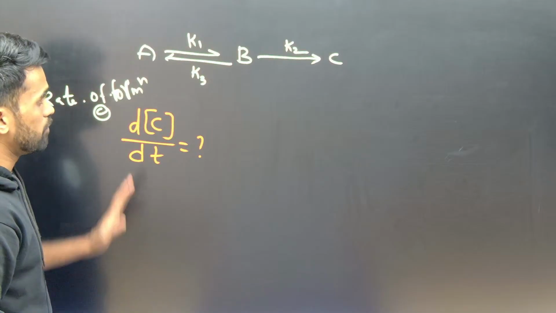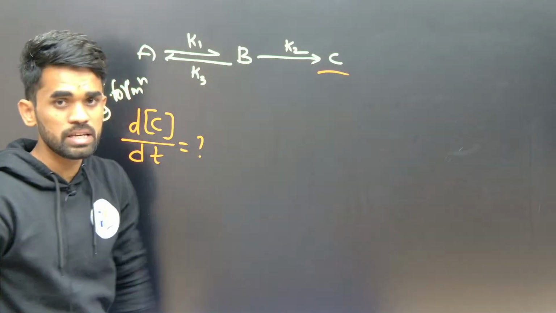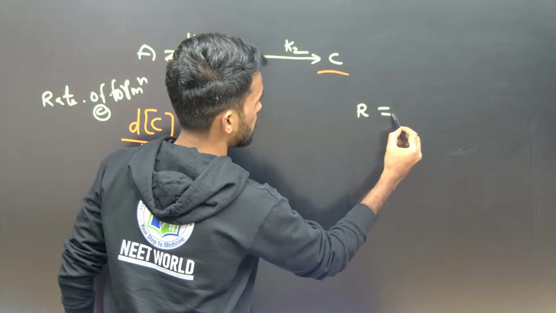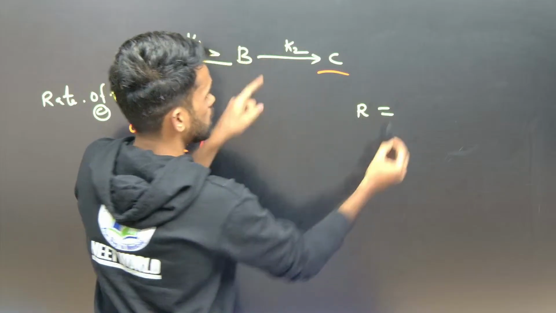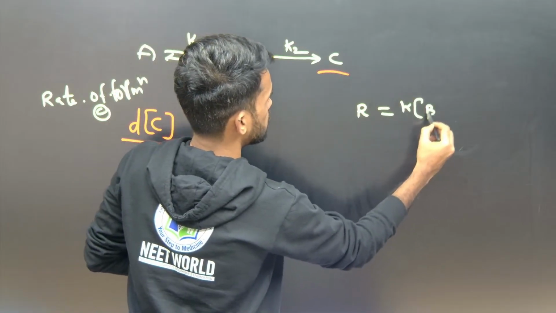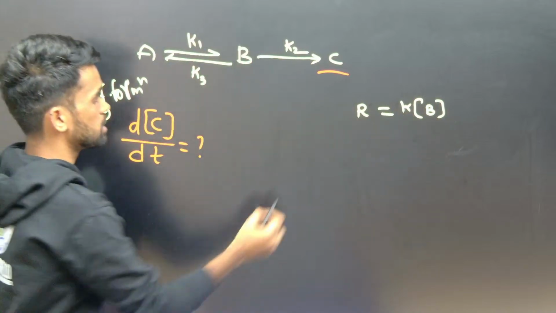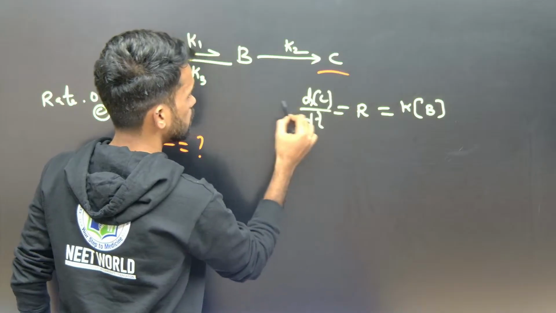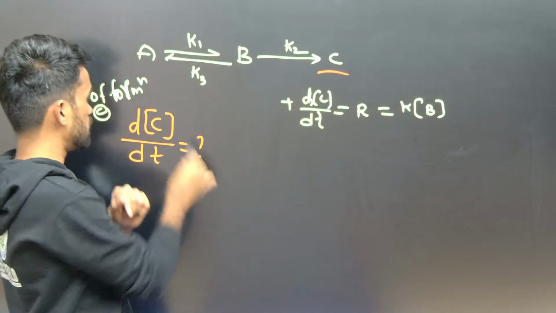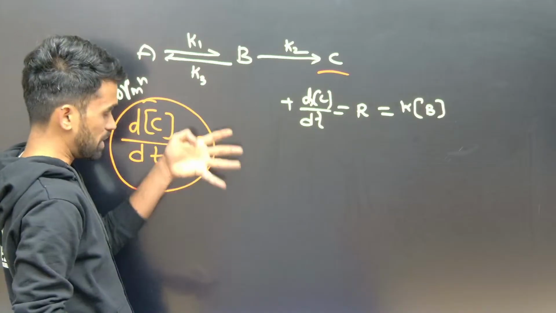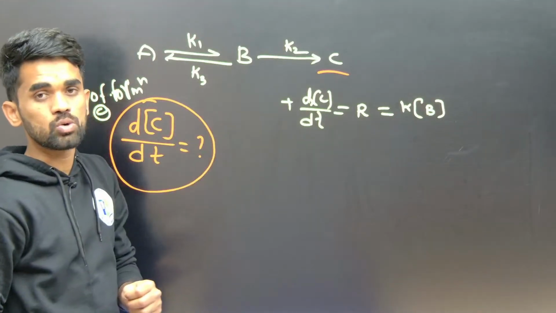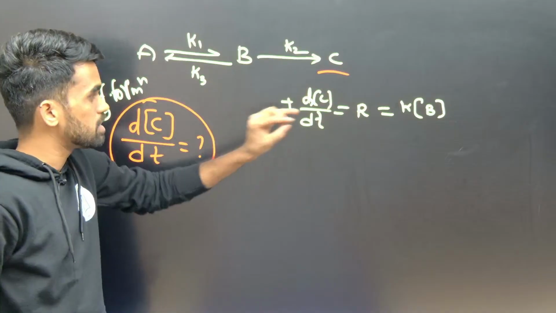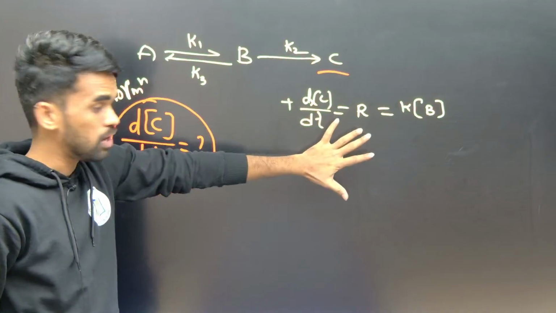See, if we want to write the rate of formation of C, we know the rate depends upon K2 and the concentration of B. That is nothing but dC by dt, plus dC by dt if I want to write. That is what the question is asking right now. They will give 4 options and we need to choose one of them. So just look here, you will get complete clarity on this topic once you follow this clearly.